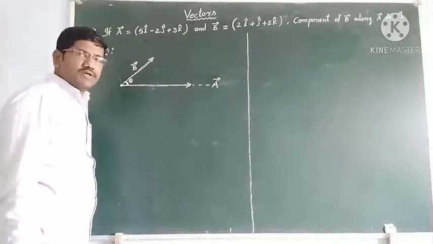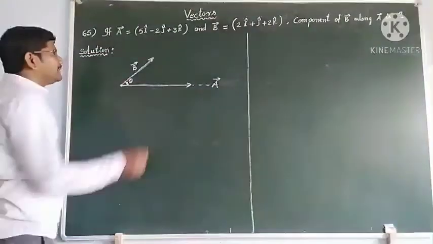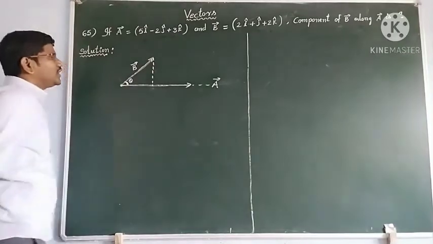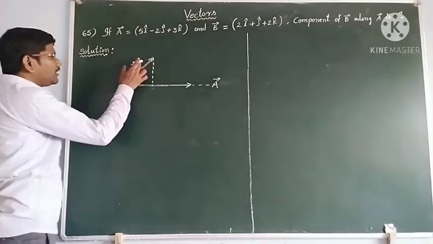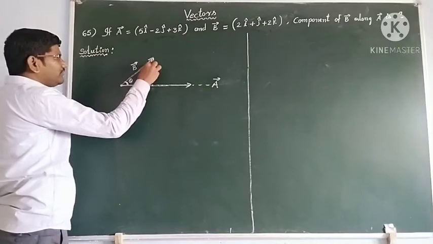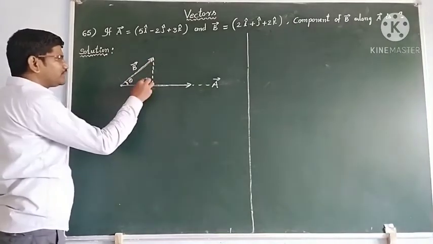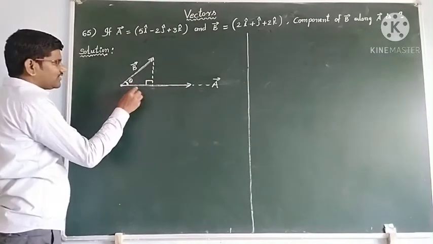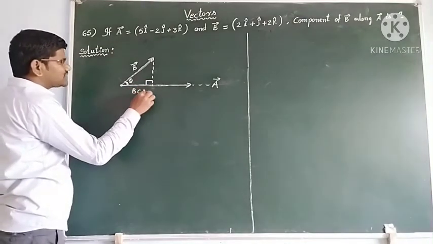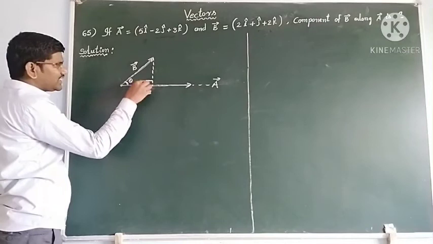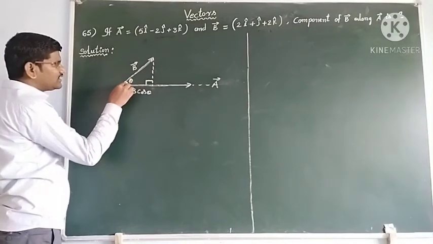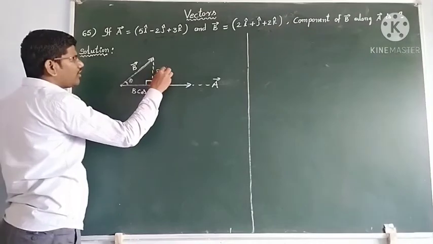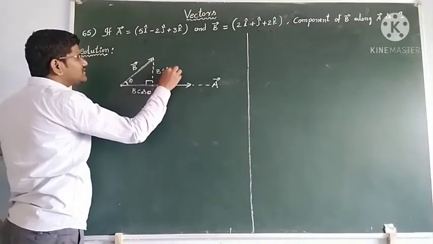From b bar, if I draw a perpendicular to a, it will become 90 degrees. Then I can write this side as b cos theta. For this right angle triangle, this is theta, the adjacent side is b cos theta and the opposite side is b sin theta.